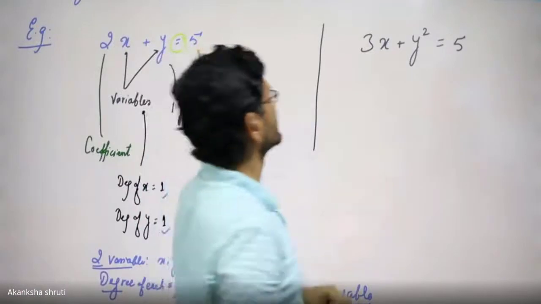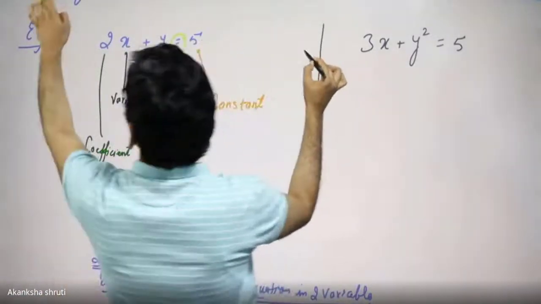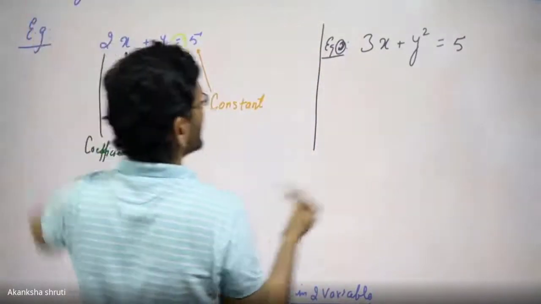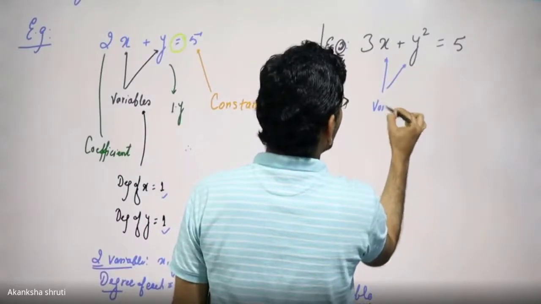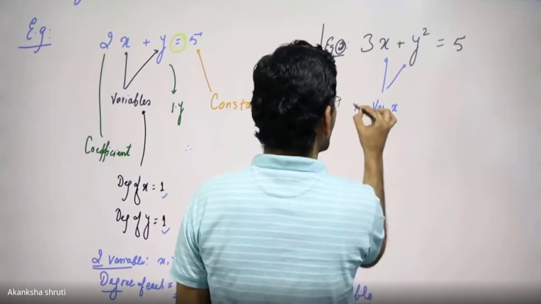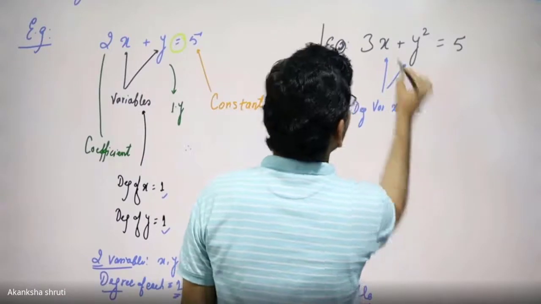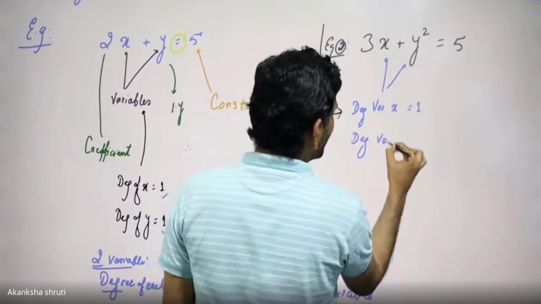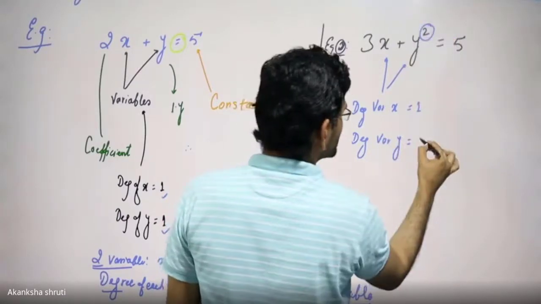Let us come to this one. Students, if we consider this example, here we have the variables x and y. If we consider the degree of variable x, the power of x is 1. But if we consider the degree of variable y, students, the power is 2.